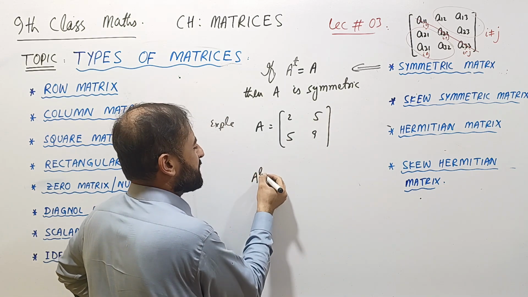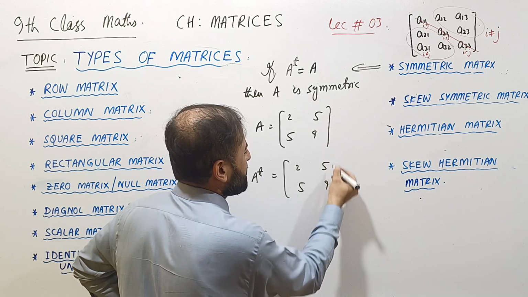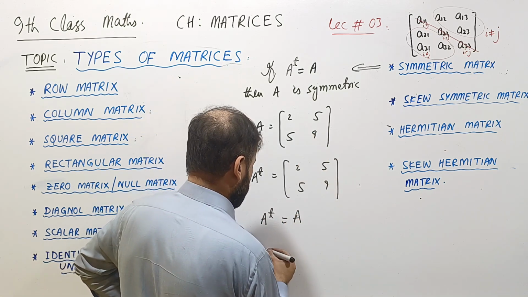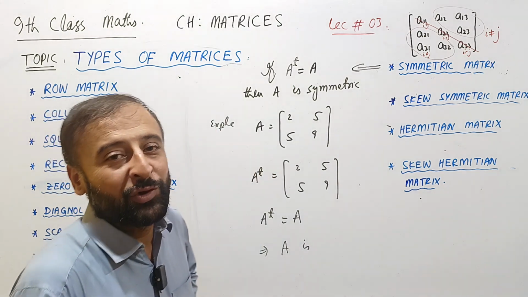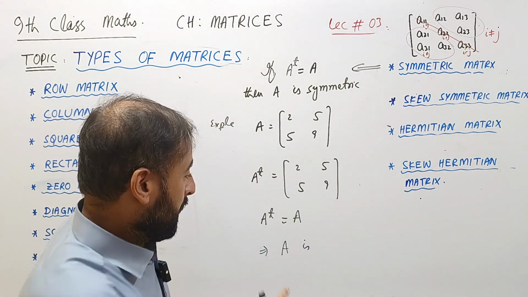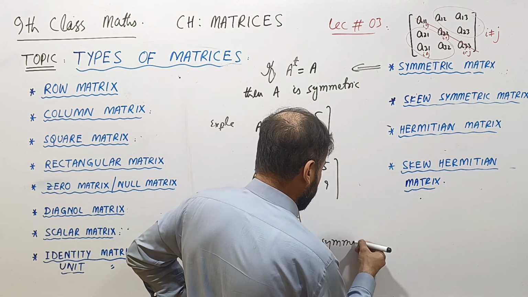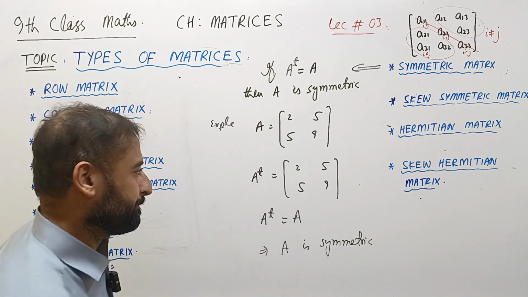If you take its transpose, my sweet students, first row will become first column and second row will become second column. It is A transpose. Both are equal. Therefore A is a symmetric matrix.